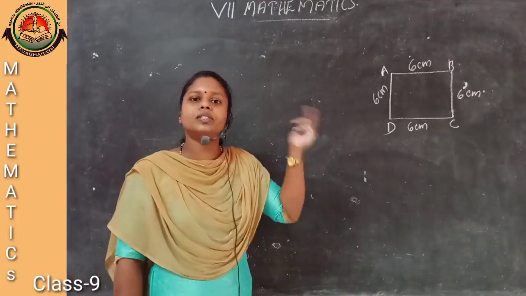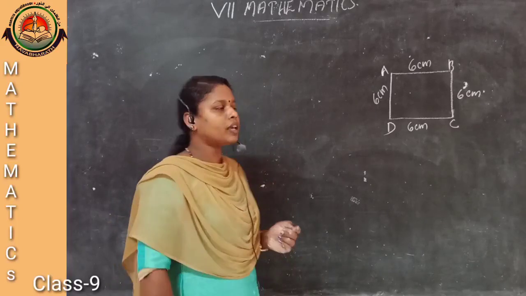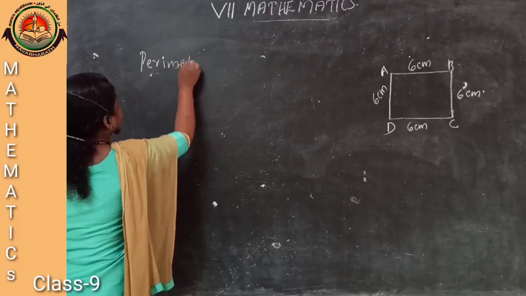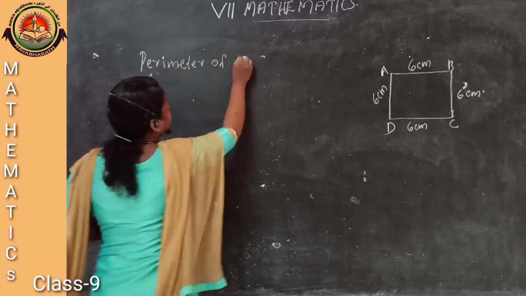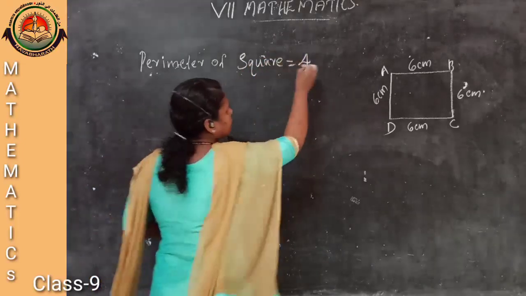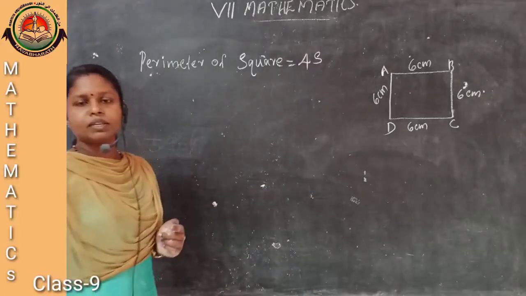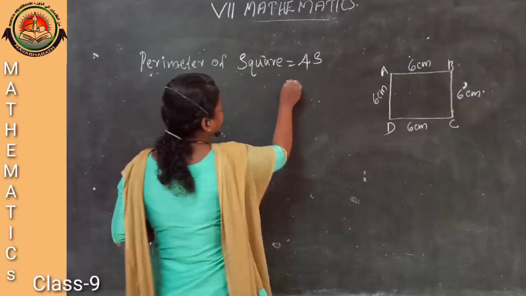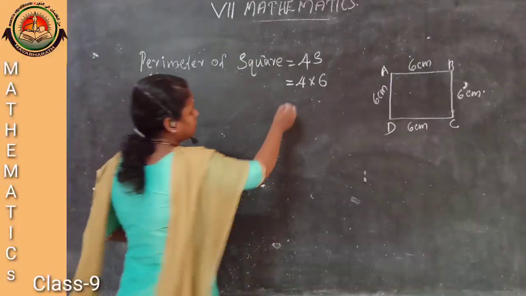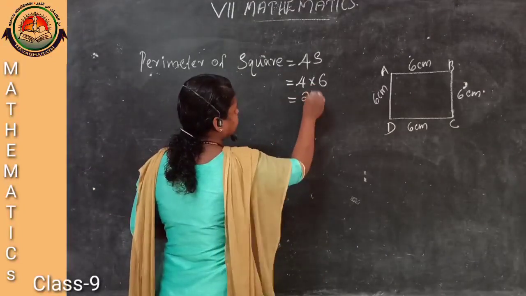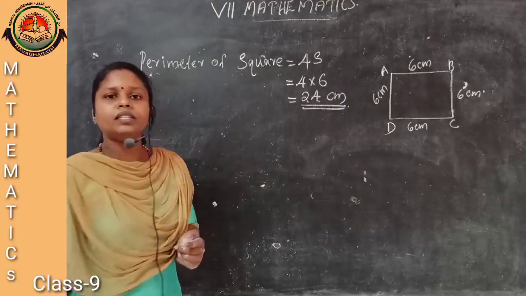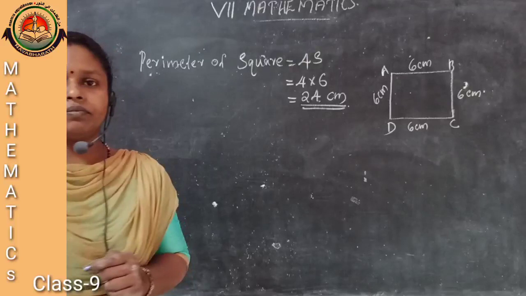So the perimeter of a square is equal to 4 into side, or 4s. S means side. Here S means 6. So 4 into 6, that is 24 centimeter. That is the perimeter of the square.